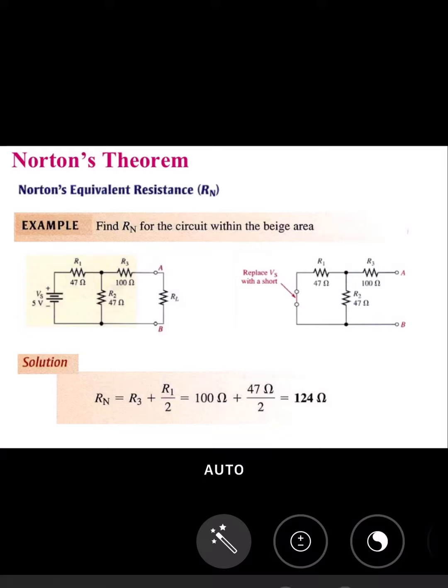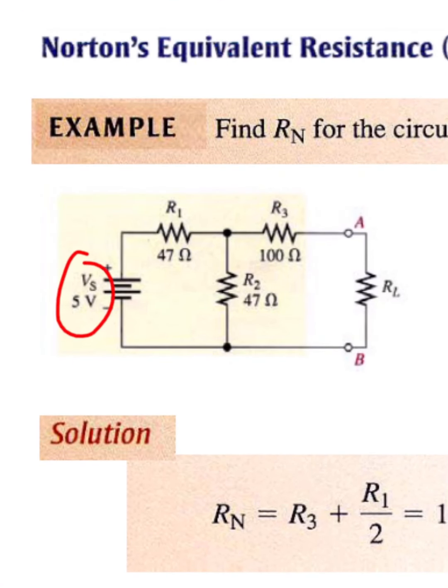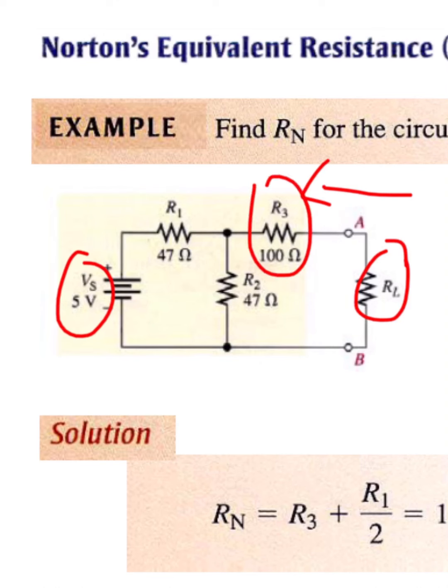This voltage source will be removed and replaced by a short circuit because its internal resistance is 0, and then these A and B terminals, RL, will be removed. These are open terminals, and we will calculate the total resistance of the network looking back from the load terminals. So this will be R3. R3 is in series with the parallel combination of R1 and R2.